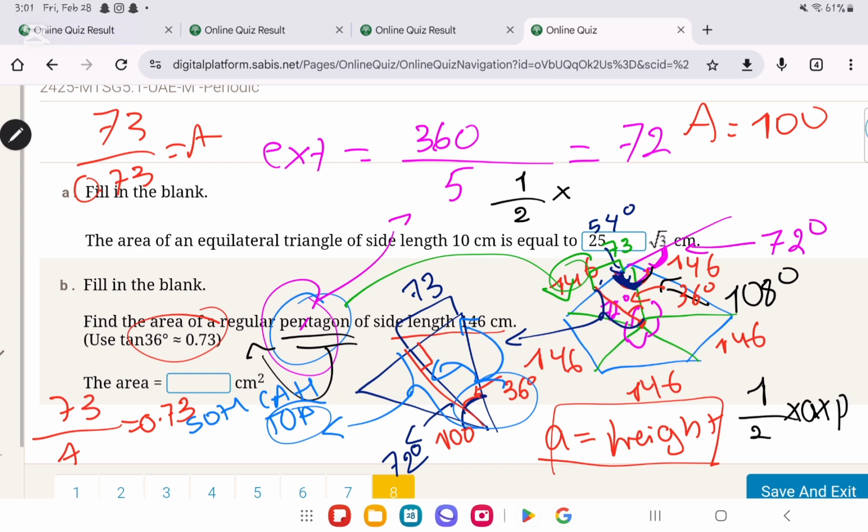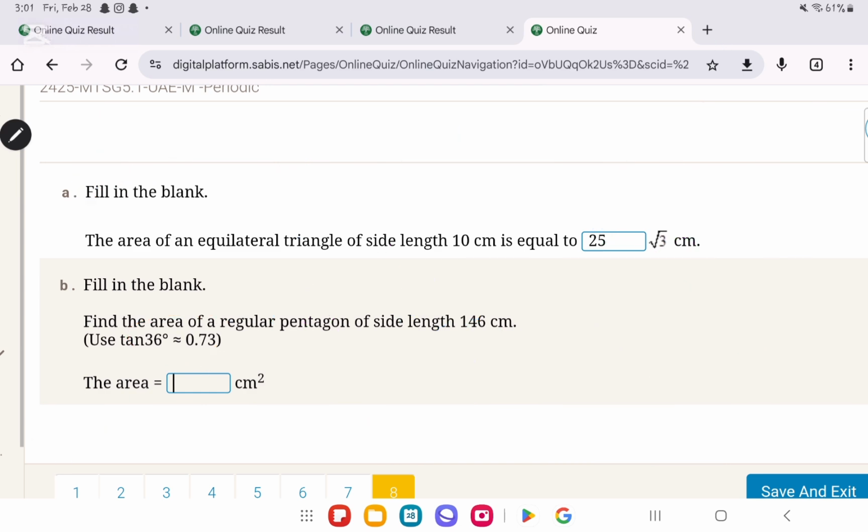So 1 over 2 times the apothem, which is 100, times the perimeter, it is 5 sides, so it's going to be 5 times the side length, which is 146, because it is a regular pentagon. So 1 over 2 times 100 times 5 times 146, you are then going to get 36,500 centimeters squared.